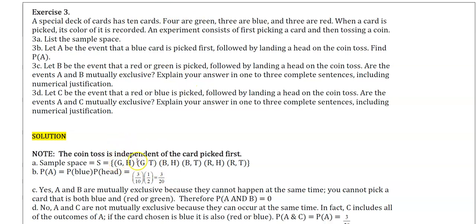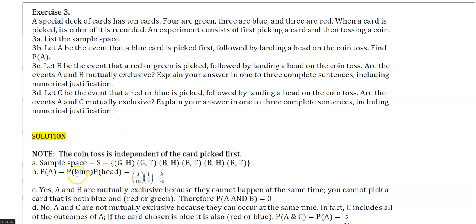So we have a total of 3 times 2, or 6 outcomes. Color, green, blue, or red on the first draw, and then a heads or a tails on the toss, which comes after. Okay. All right, let's define A as the event that the blue card is picked, followed by a head on the coin toss.